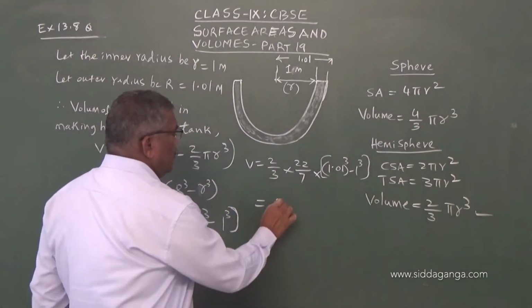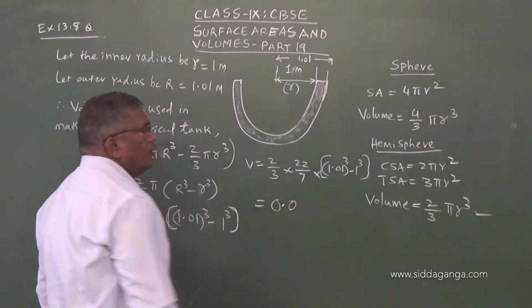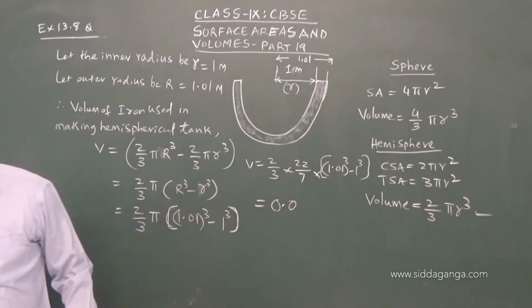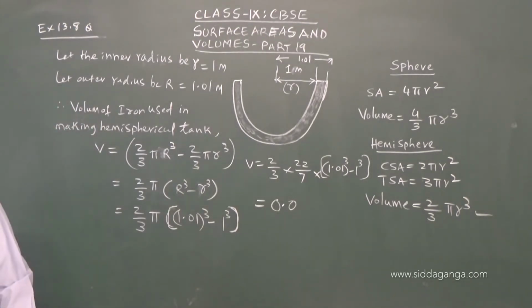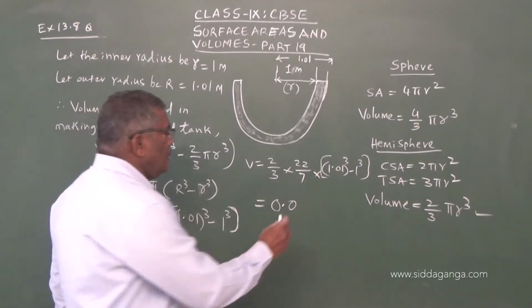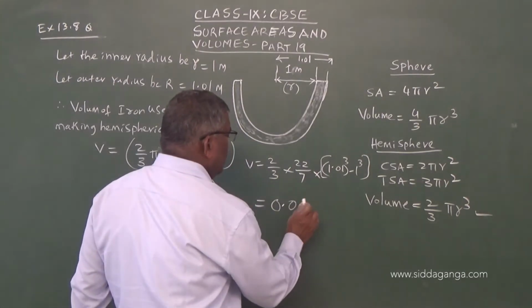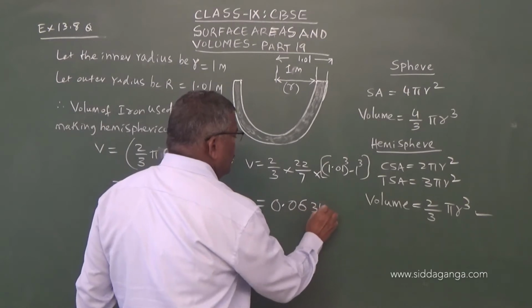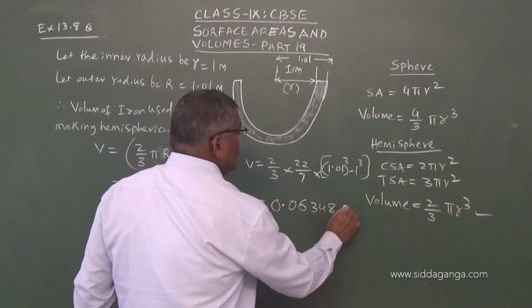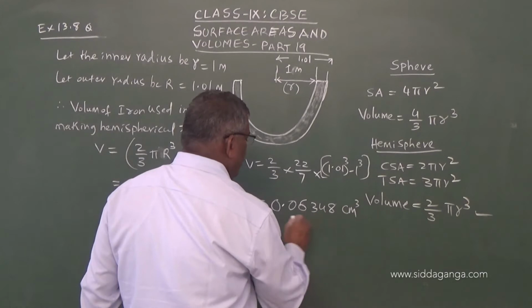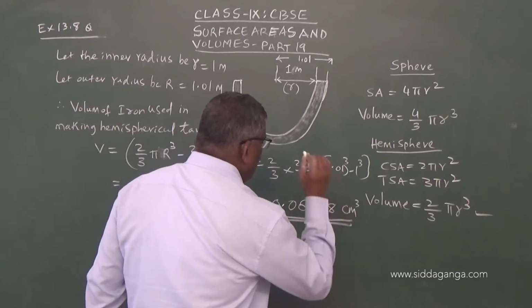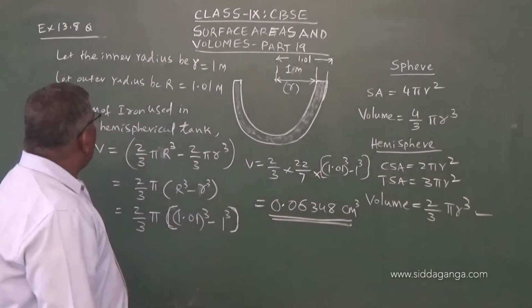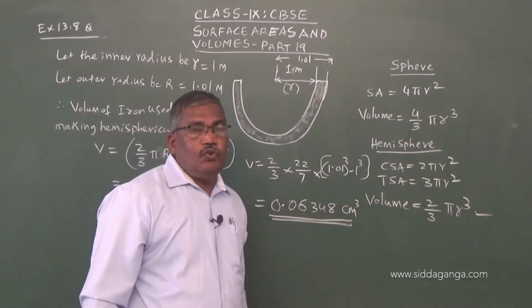You simplify and you will get 0.06348 centimeter cube. So this is the volume of the iron used.